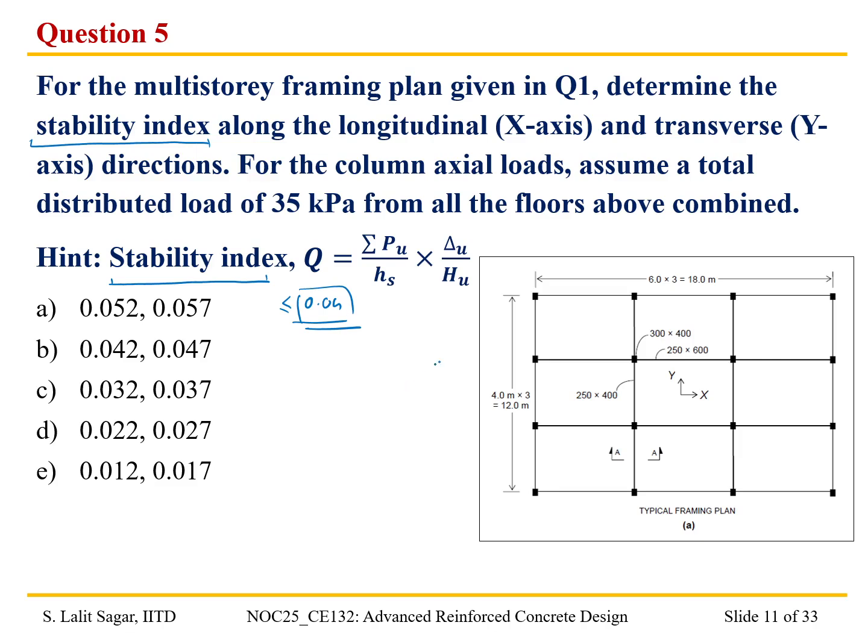The hint that is given is the equation for the stability index: Q is equal to sigma pu by hs multiplied by delta u by hu. Here sigma pu refers to the total sum of the load carried by the columns, or in other terms, the load of the floors above the column considered.